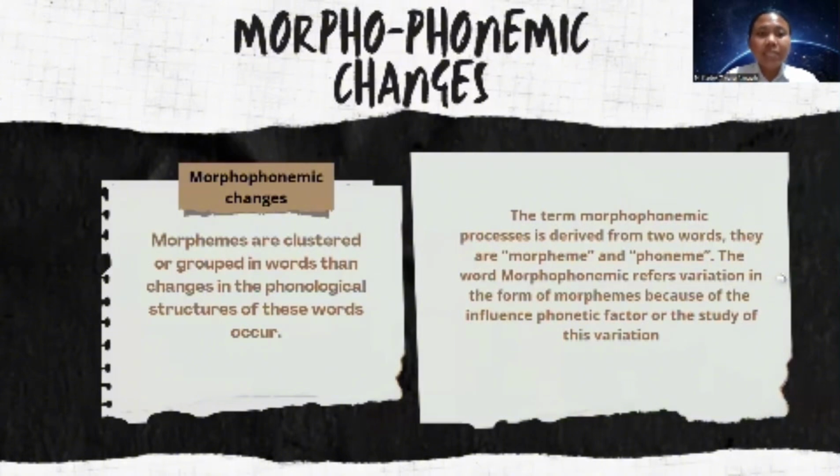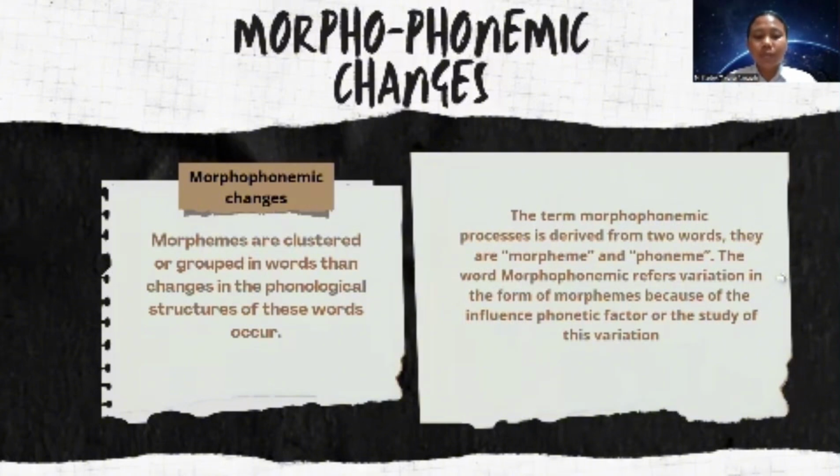Morphophonemic change is when morphemes are clustered or grouped in words and changes in the phonological structures of these words occur. The term morphophonemic processes is derived from two words: morpheme and phoneme. The word morphophonemic refers to variation in the form of morphemes because of phonetic factors, or the study of this variation.